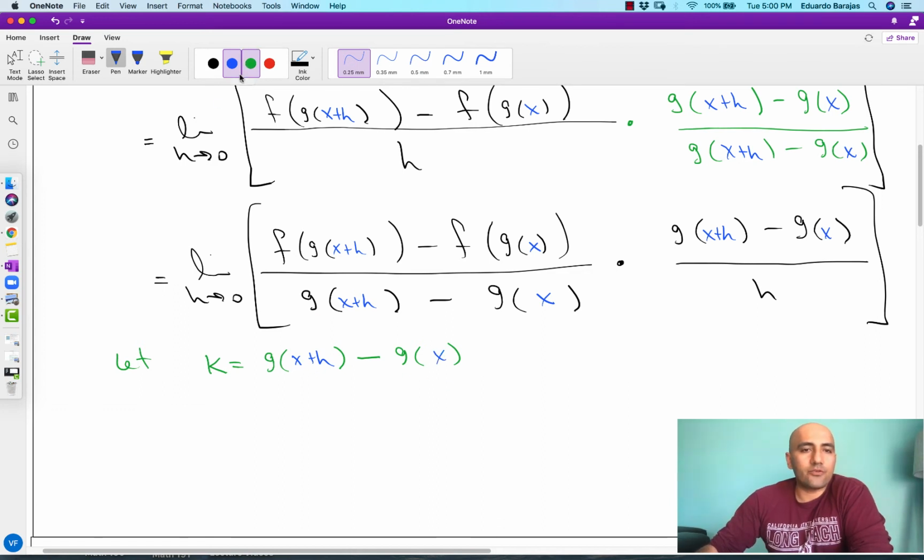Let's let that be true. And as I had written above, we're also letting u equal to g of x. So that means that k is equal to g of x plus h minus u.